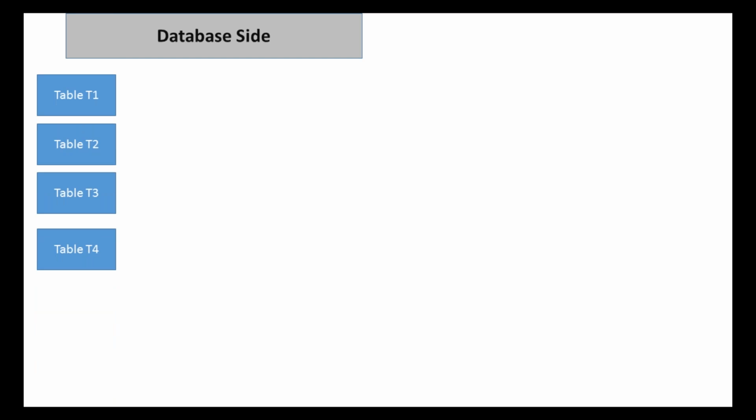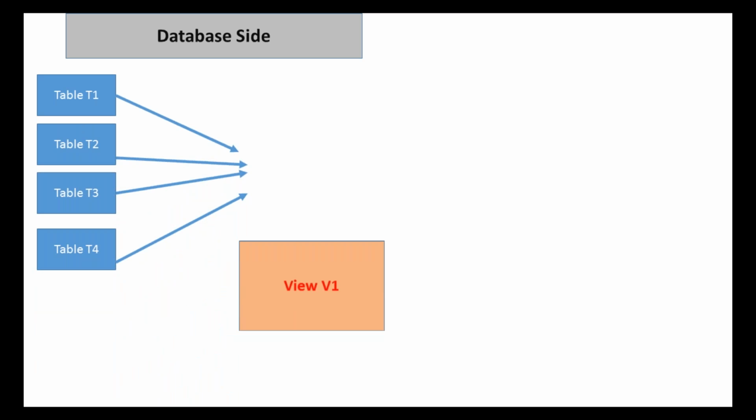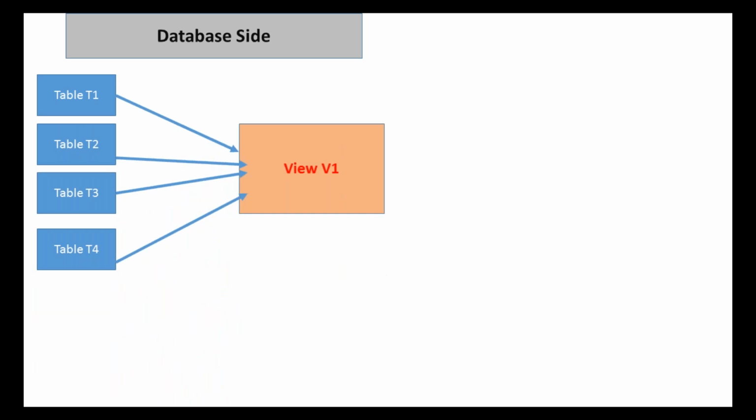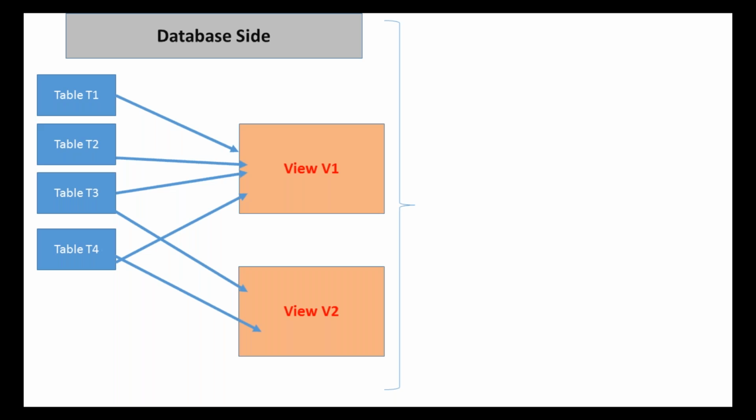There are different tables, and these tables have different views, right? A view may be based on one table or on multiple tables. So there are views v1, v2. v1 is based on all tables, v2 is based on only 3 and 4. Now this is the backend side.